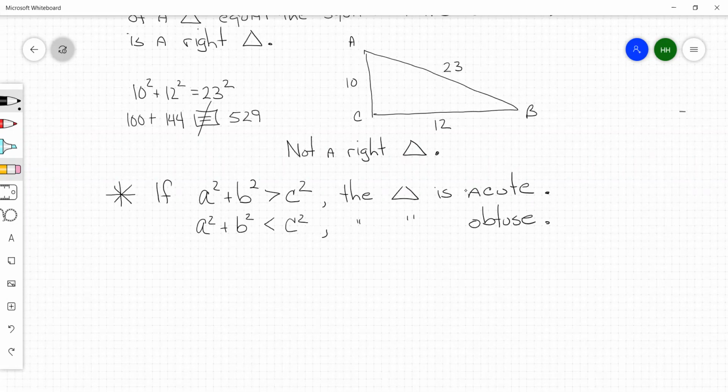So this triangle that we just did, it's not a right triangle, is it? What is it? It is obtuse.